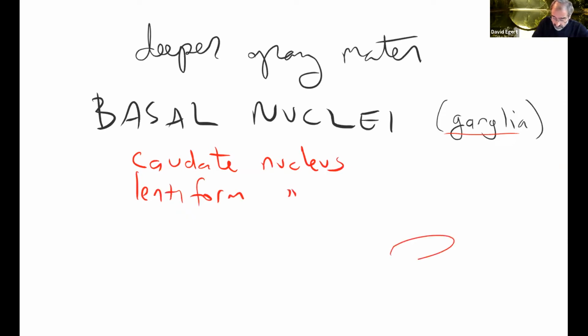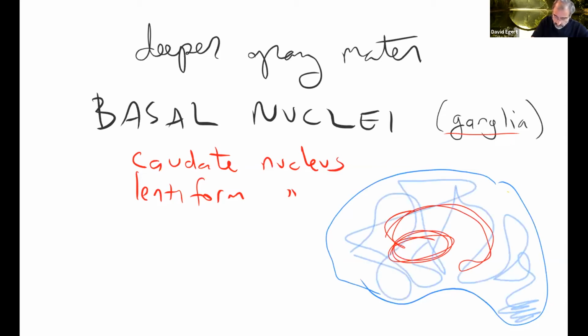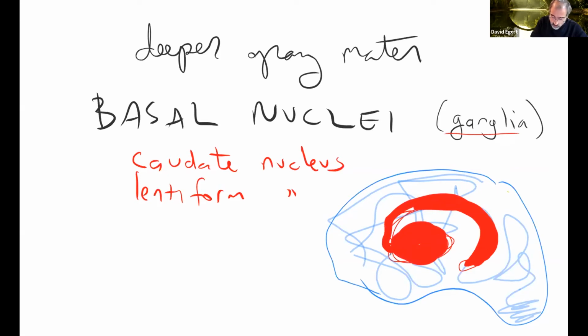If this is the brain that we've been talking about here, now what we're doing is we're looking down deep. You have to dig, and then you find the caudate and the lentiform.